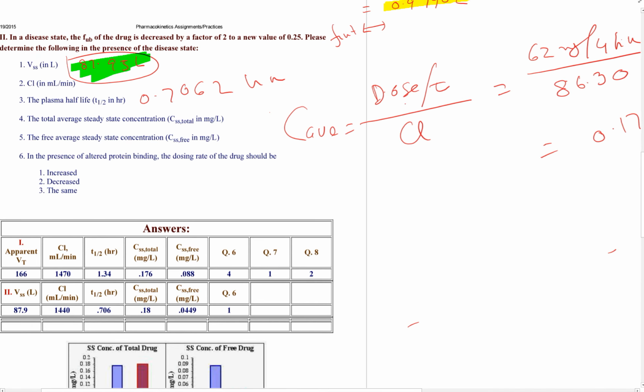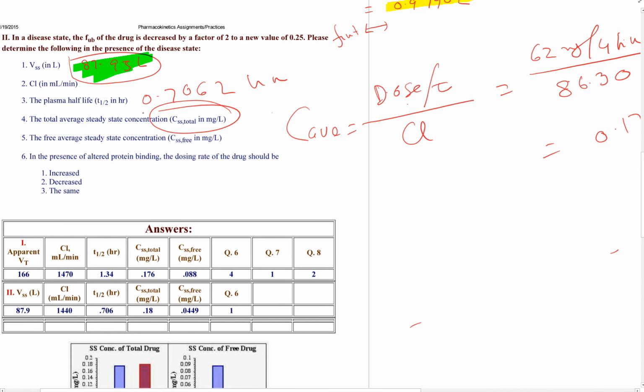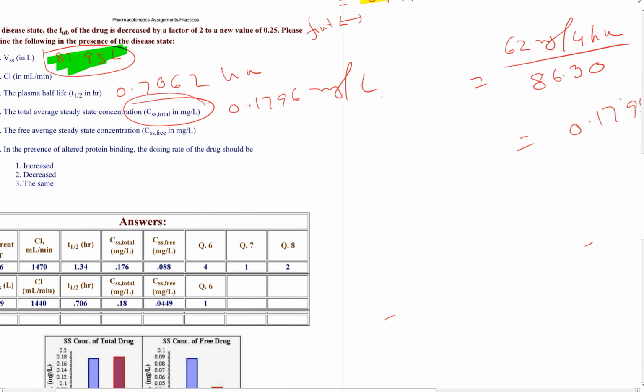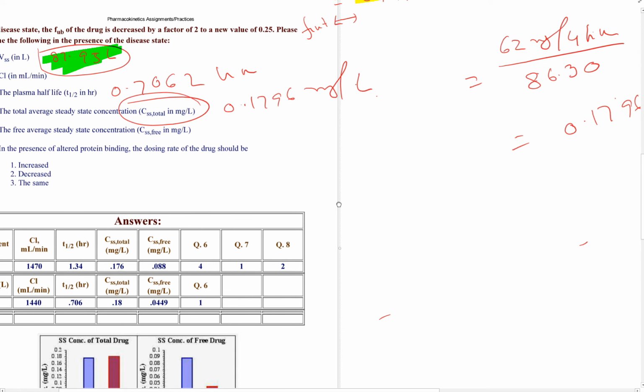So this is our total. So our total C is 0.1796 milligram per liter.